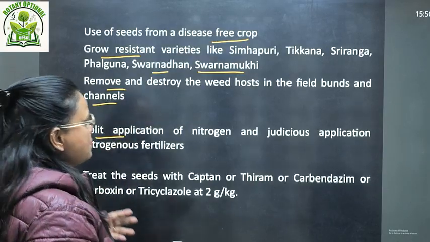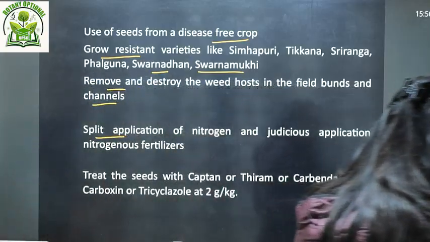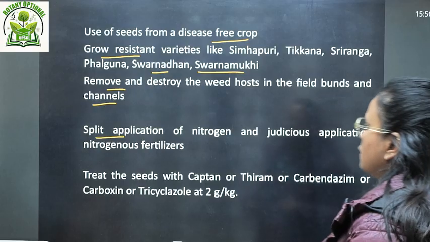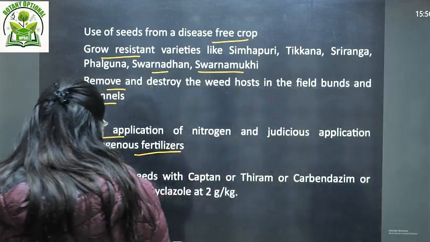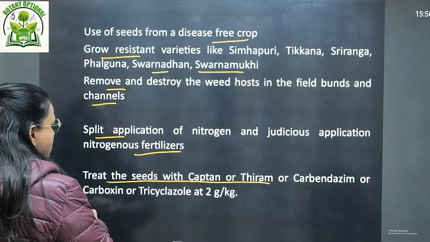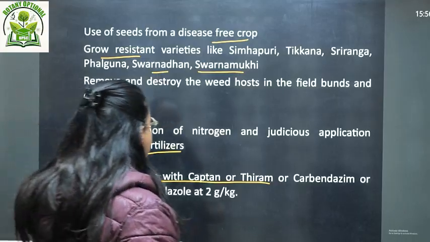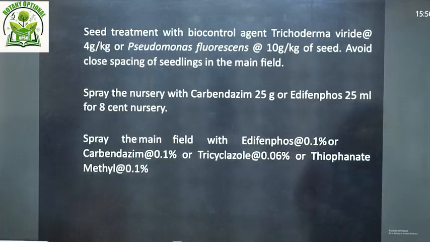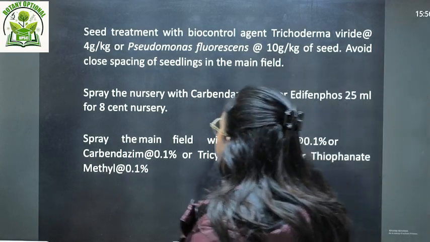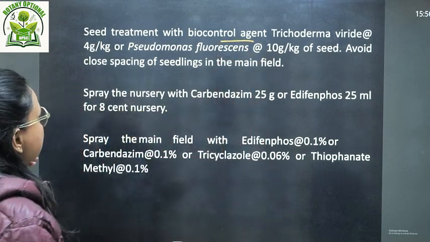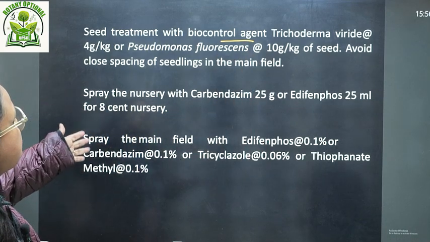Split application of nitrogen, judicious application of nitrogenous fertilizers. Treat the seed with captan or thiram, carbendazim or carboxin, tricyclazole. Then seed treatment with biocontrol agents, Trichoderma viride and Pseudomonas fluorescens.